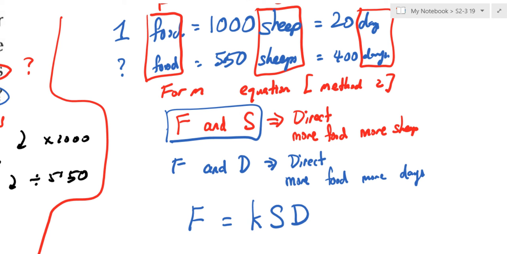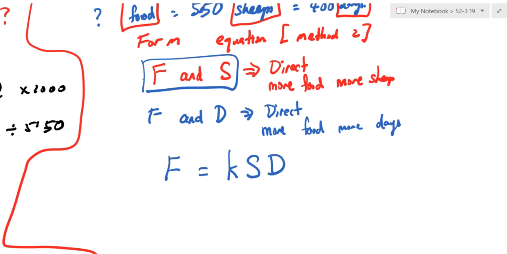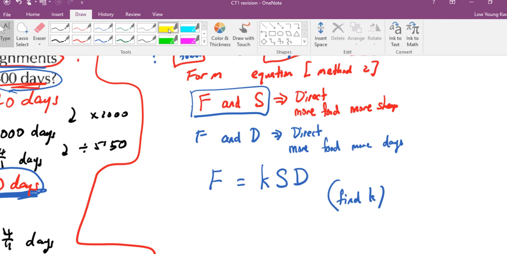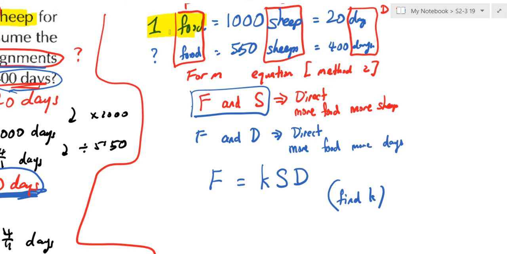Nabila, what do I have to find? Find K. Now, how do I find K? I need to start with numbers that I know. I get them from the 1 food, 1000 sheep, and 20 days, the first equation, to find K.